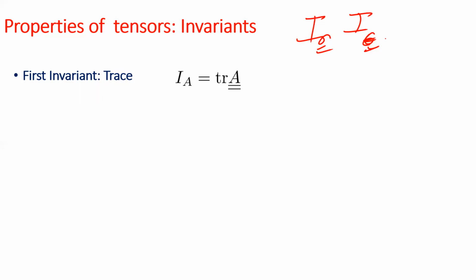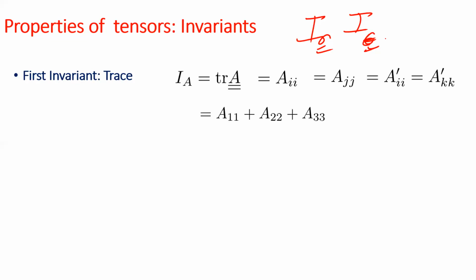The trace of a second order matrix is the sum of the diagonal terms. So it's A_ii or A_jj. It is an invariant, so it does not change with coordinate system. Same tensor, when you change the coordinate system, trace is such an entity that it will not change, which you can prove in a couple of slides.